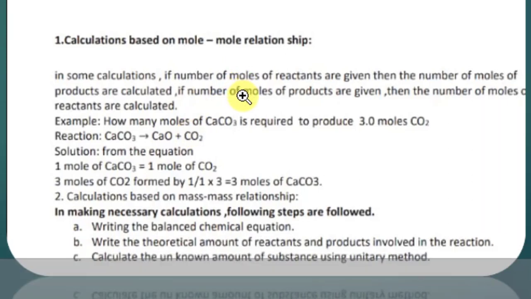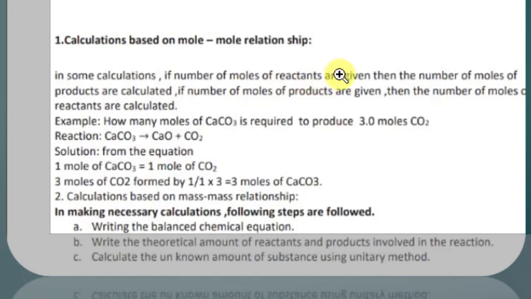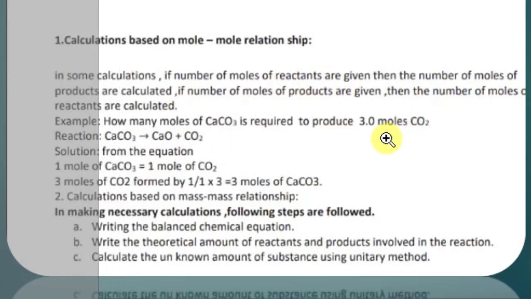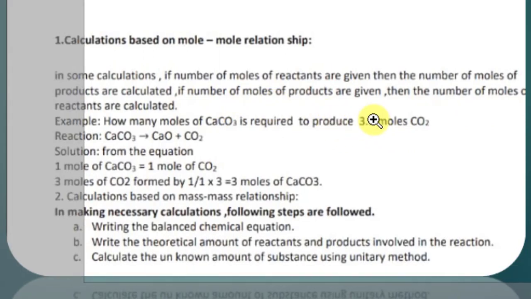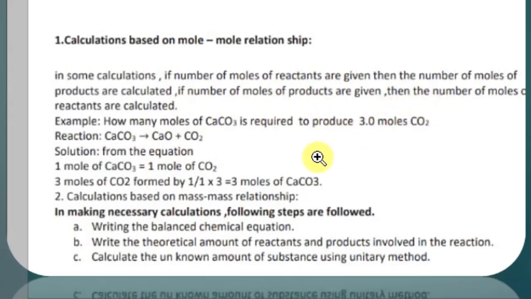So how many moles of reactants are combined to give how many moles of product. If number of moles of reactants are given, then number of moles of products we can calculate. Or if number of moles of products are given, then number of moles of reactants we can calculate. How?